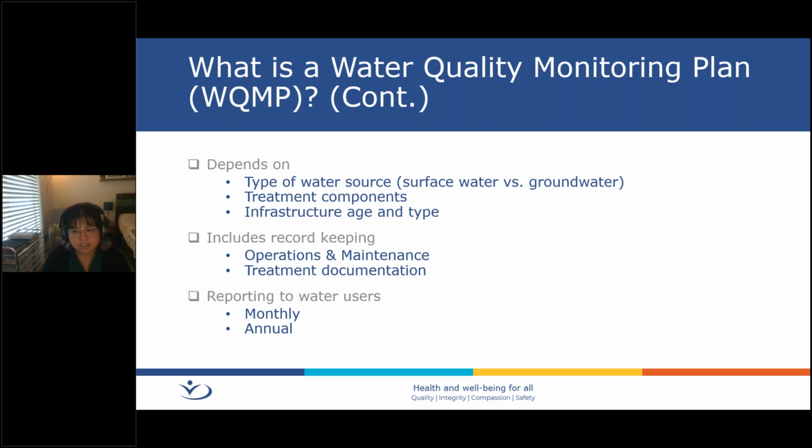So it also creates a great history for the water system in case you do have to transfer ownership of the water system or pass on operation to somebody else.